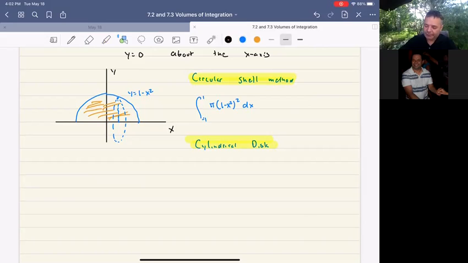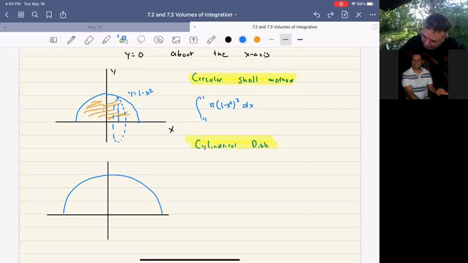So draw the picture again. Draw y equals 1 minus x squared again. Sure, that looks like it. Actually probably looks a little better than the other one.